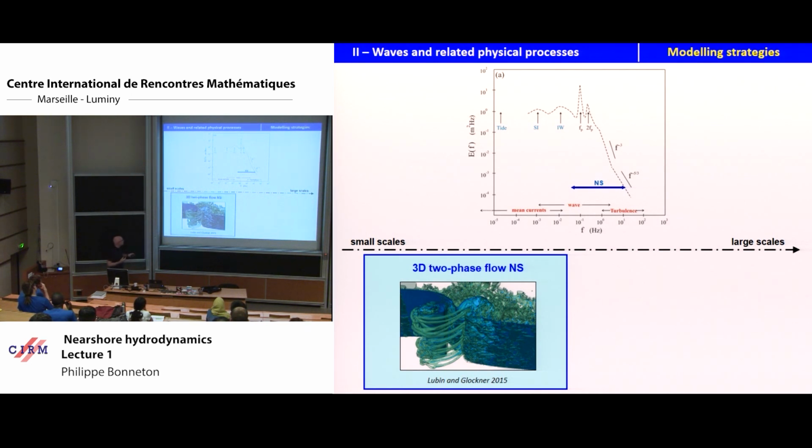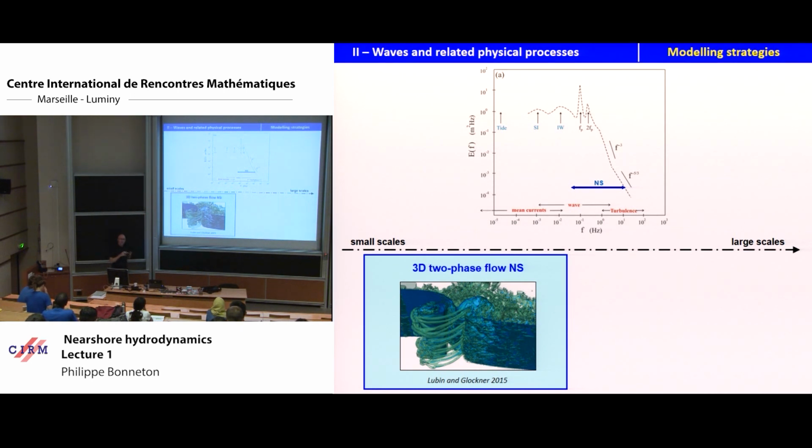You can see, for instance, an example of a work by Lubin and Glockner, where you can see the impact of a plunging breaker and the generation of transverse vortices.